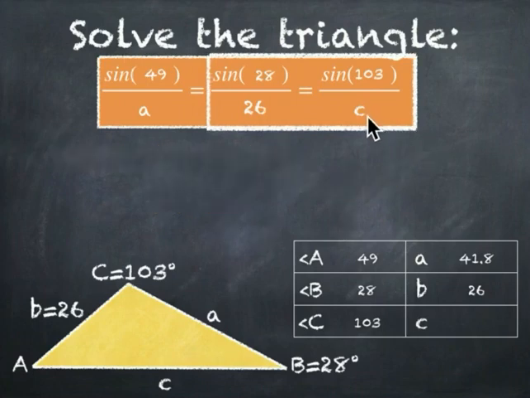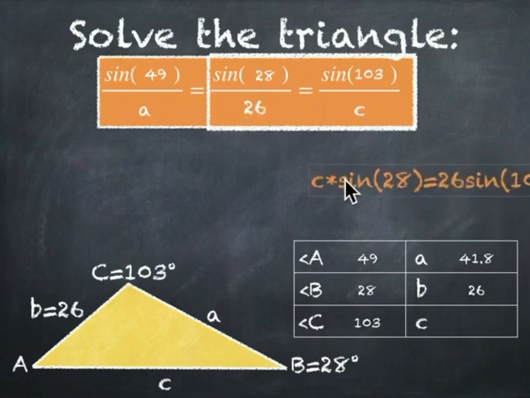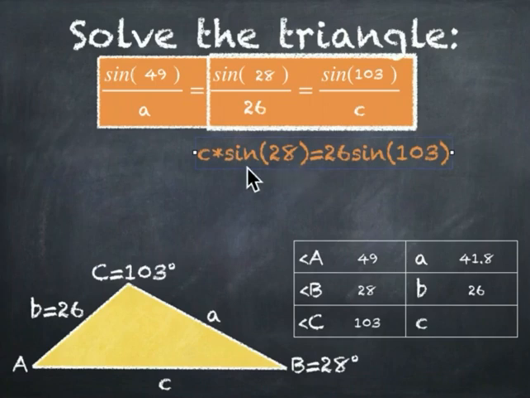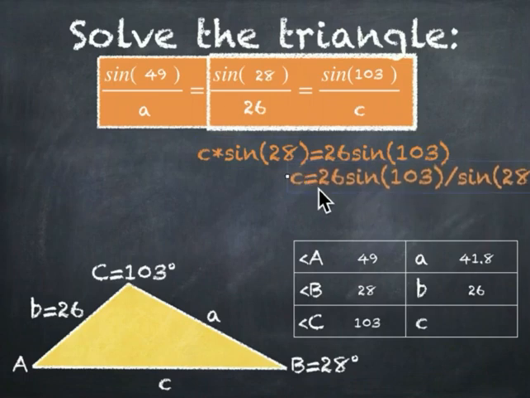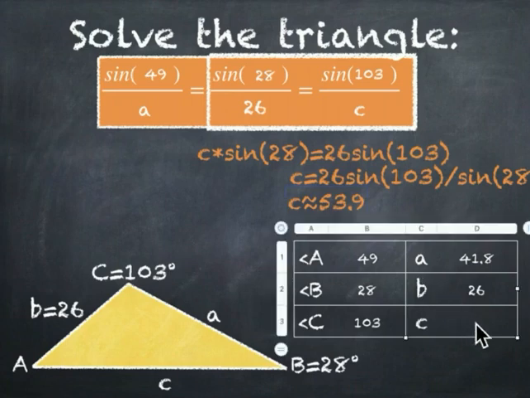So since C times sine of 28 has to equal 26 times sine of 103, I can now divide both sides of this equation by sine of 28, and we'll get that C is 26 sine of 103 divided by sine of 28. And if we get out a calculator and type that in, we get that our third side here is 53.9 units long.